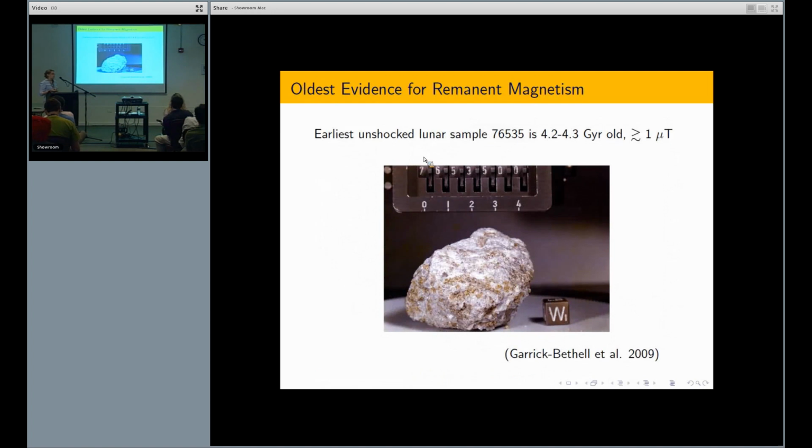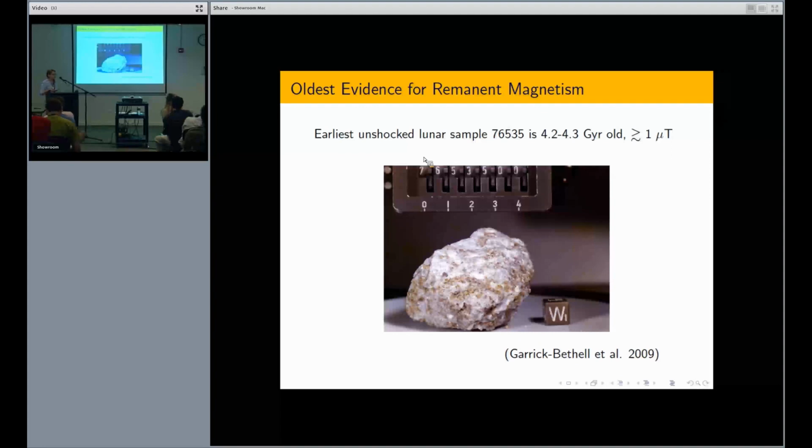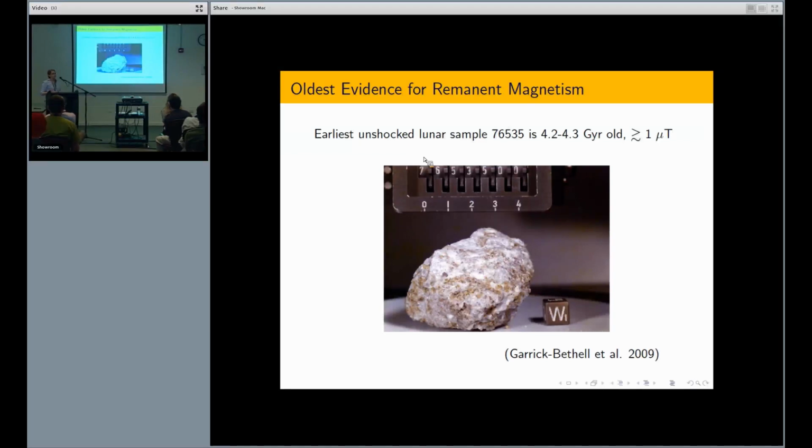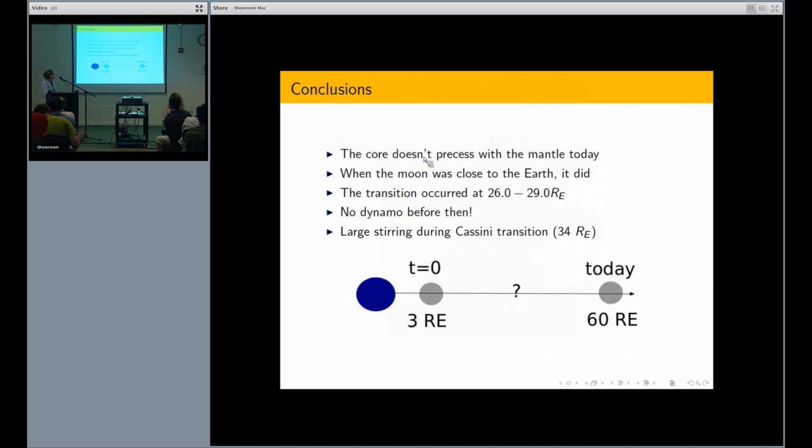So in order to figure out whether the Cassini transition was responsible for jump-starting the lunar dynamo, we need to have many more data points in the old region of that plot to see if there was a time that lunar magnetism turned on or not. And we also need to be able to evaluate when the Cassini transition happened, not just in terms of semi-major axis of the moon, but actually in terms of time, which is a separate problem I can tell you about in the question session if needed.